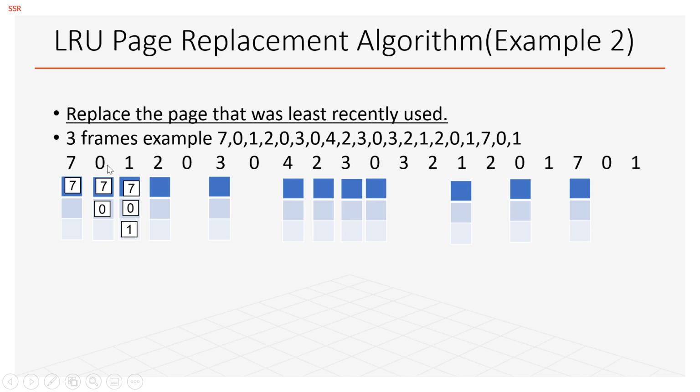It is page number 1, then page number 0, then it is page number 7. So 7 is the page which was least recently used. So what they are saying is, replace the page that was least recently used. Now write down 1 and 0, then replace 7 with the new page 2.